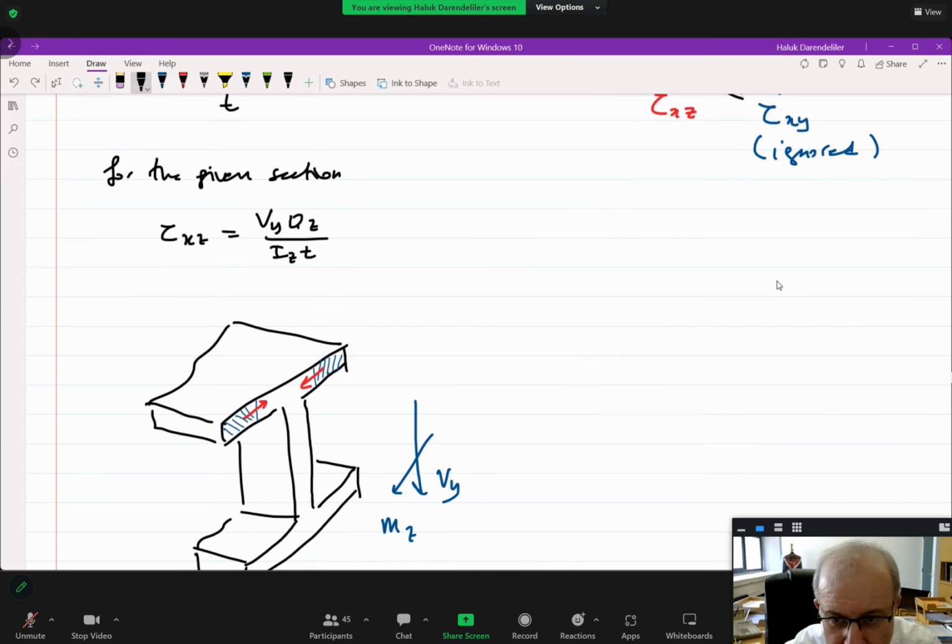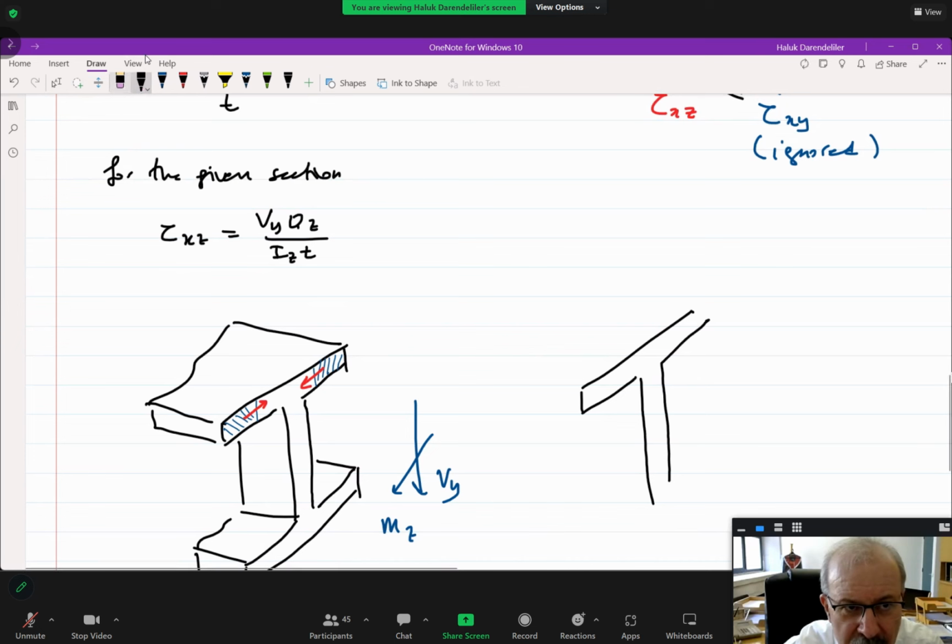Nihayet kalem alabildik galiba. Okay, now I'm again taking the same I-beam, but this time I am looking not for the previous cross sections, but the cross section on the web portion, right? So now, okay, this is the I-beam once more.